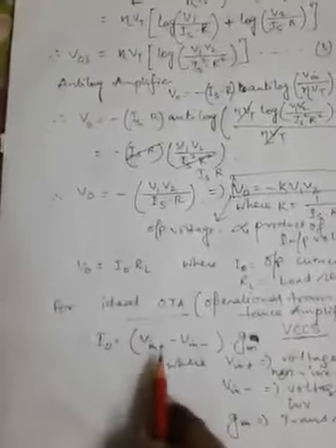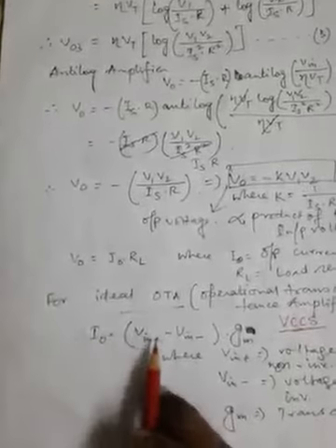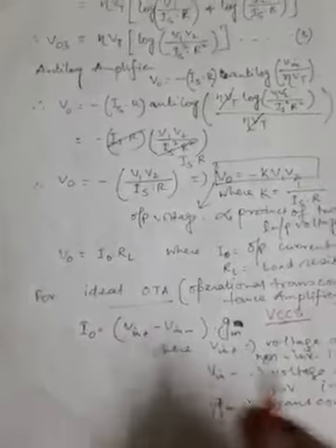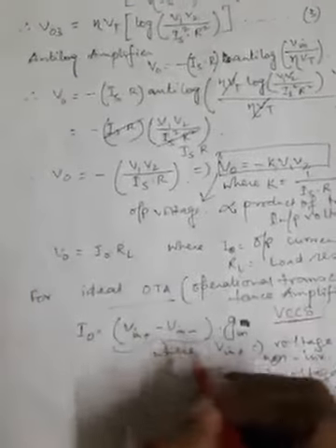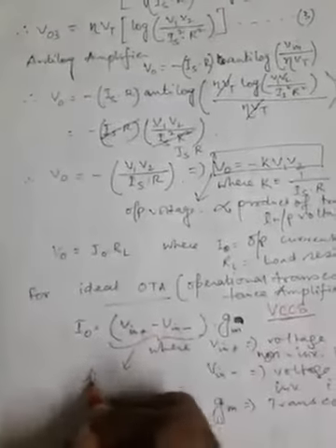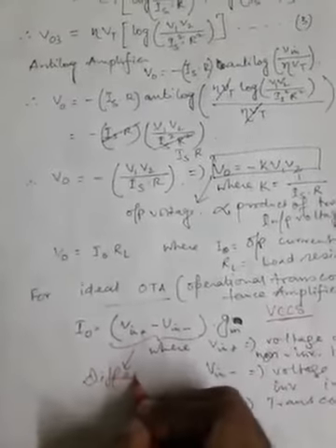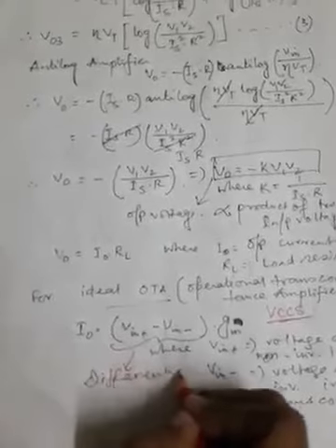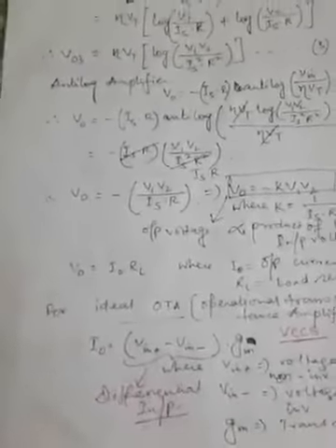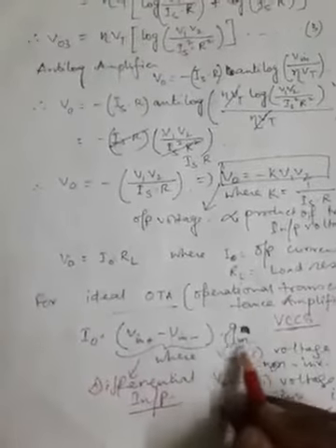And this relation between output current and input voltages, rather the differential input voltage, V in plus minus V in minus, is called the differential input voltage. So the output current is dependent on the differential input voltage via a parameter called GM, denoted as transconductance.